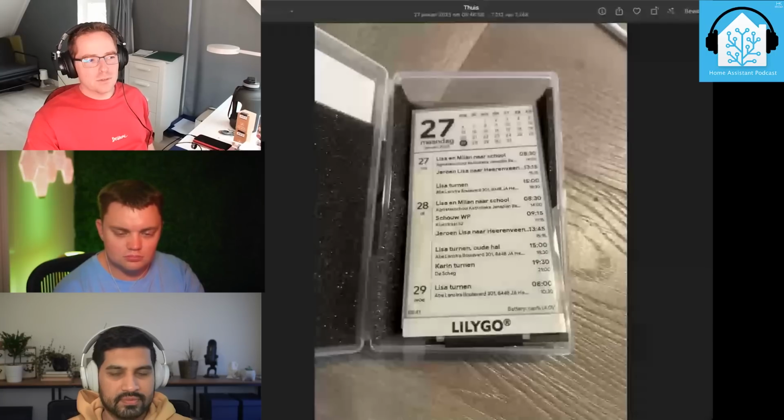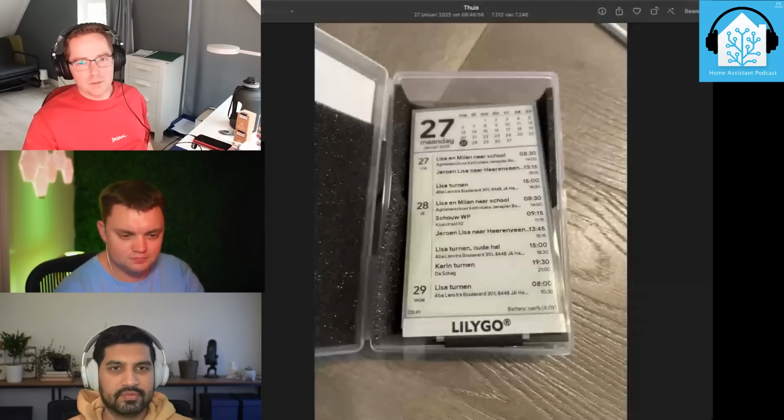That's actually a LilyGo T5 display. I don't know the exact brand of it, but it is basically a small screen, 4.7 inch, I think it is. And what I basically did is I made a family planner out of it. Nice.